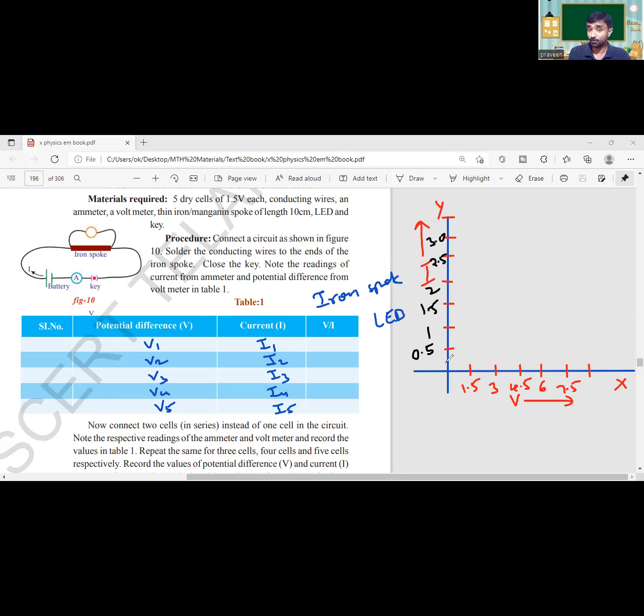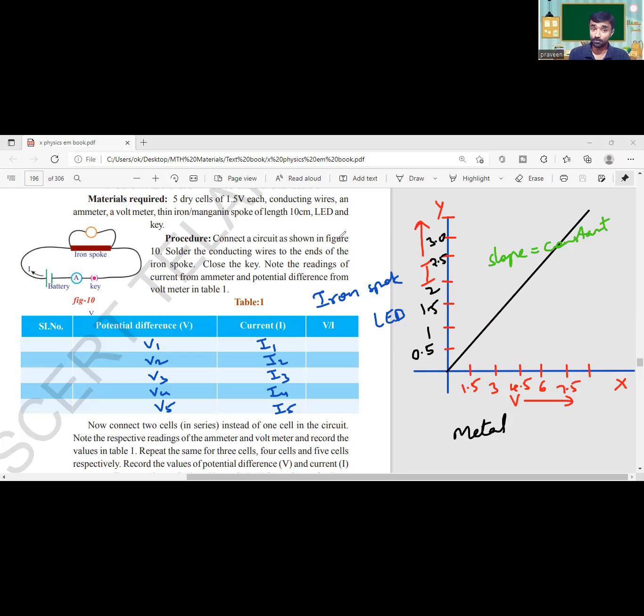So here, if you plot the graph for a metal, you will get the curve as you see here, straight, rectilinear. The slope of this rectilinear curve is always constant, this black colored one.